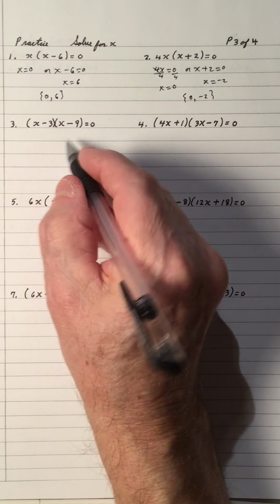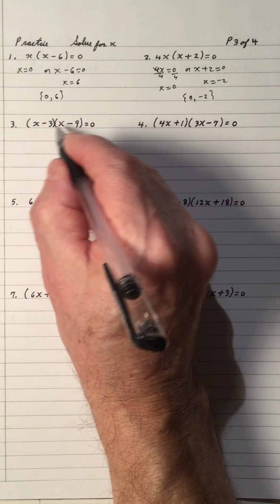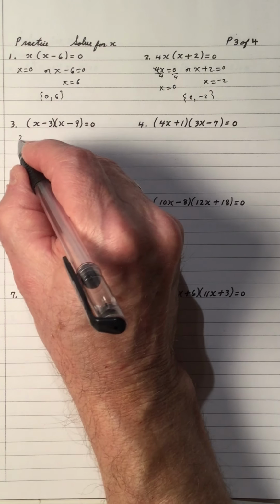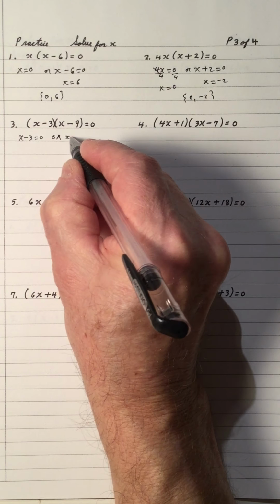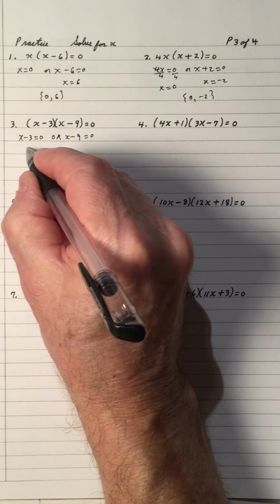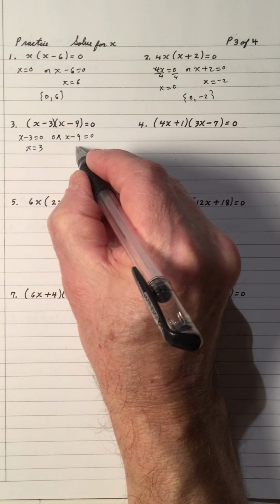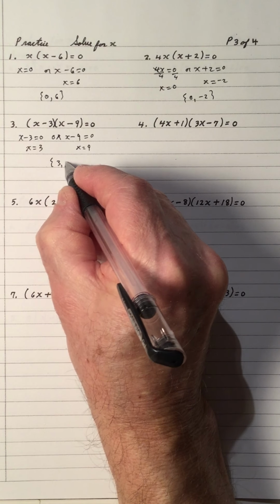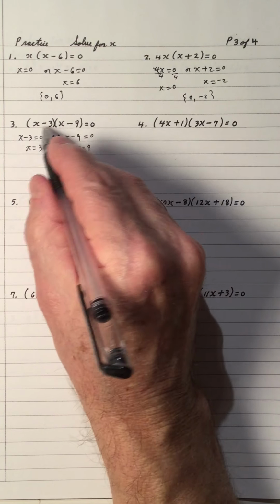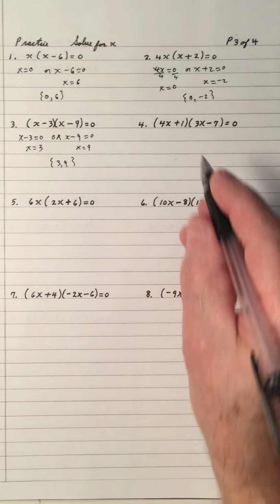Number 3. Again, we got 2 expressions multiplied to give you 0. X minus 3 is equal to 0, or x minus 9 equals 0. X equals 3. X equals 9. So 3 and 9 are the 2 solutions that will give you 0 in this equation.